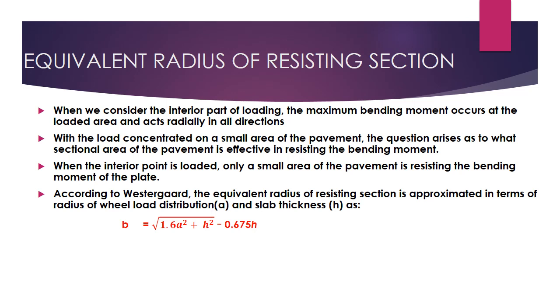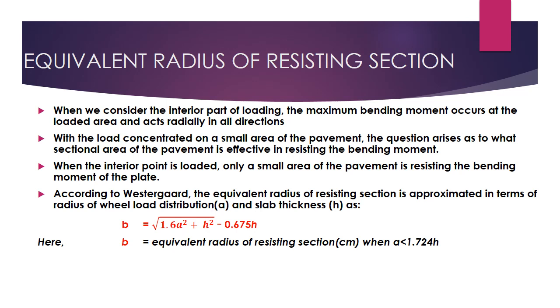That is, small b equals root over 1.6 a square plus h square minus 0.675 times h, where a is the radius of wheel load distribution, h is the slab thickness in centimeters, and b is the equivalent radius of resisting section.